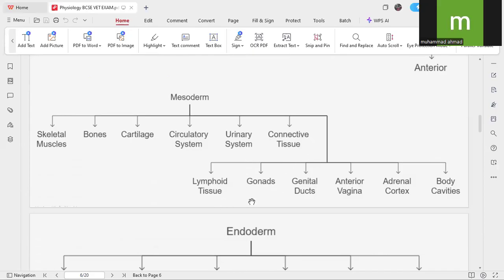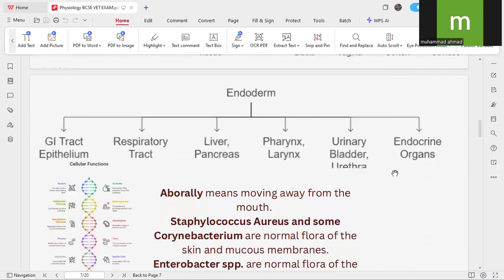And lymphoid tissue, gonads, genital ducts, anterior vagina, adrenal cortex, and body cavities. And endoderm: GI tract epithelium, respiratory tract, liver, pancreas, pharynx, larynx, urinary bladder, urethra, and endocrine gland.